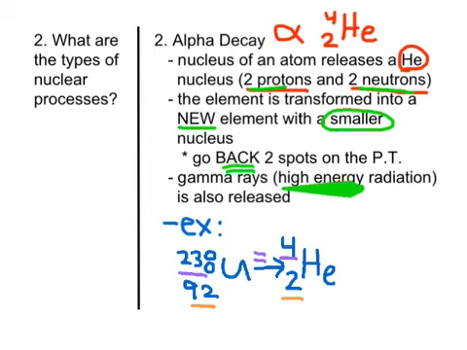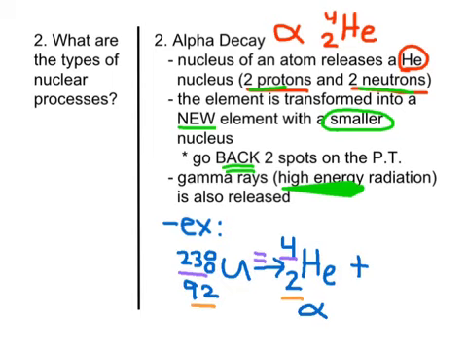So if we're trying to figure out what this new element is going to be after this alpha particle has been spit out, we just take a look at our periodic table. We can find uranium down at the very bottom in the lanthanide, actinide series, and we can go back 2 spots from uranium.